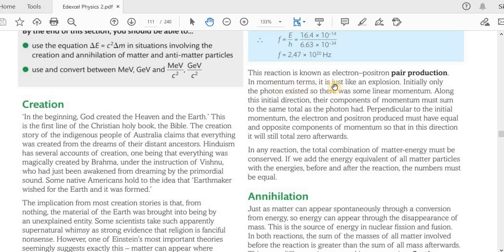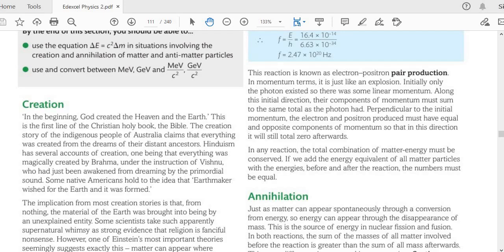In momentum terms, it is just like an explosion. Initially only the photon existed, so there was some linear momentum along this initial direction. Their components of momentum must sum to the same total as the photon had. Perpendicular to the initial momentum, the electron and the positron produced must have equal and opposite components of momentum, so that in this direction it will still total 0 afterwards.